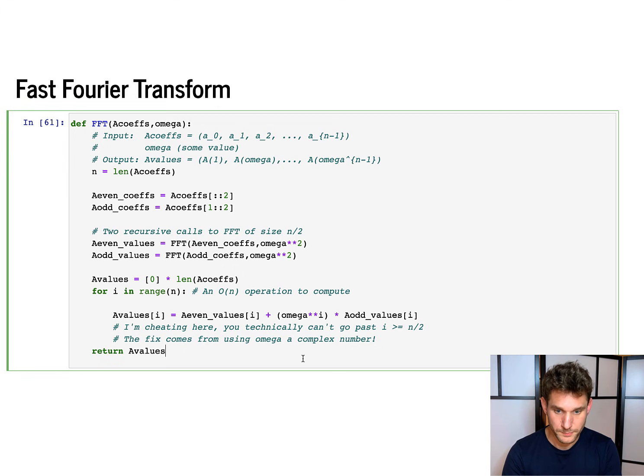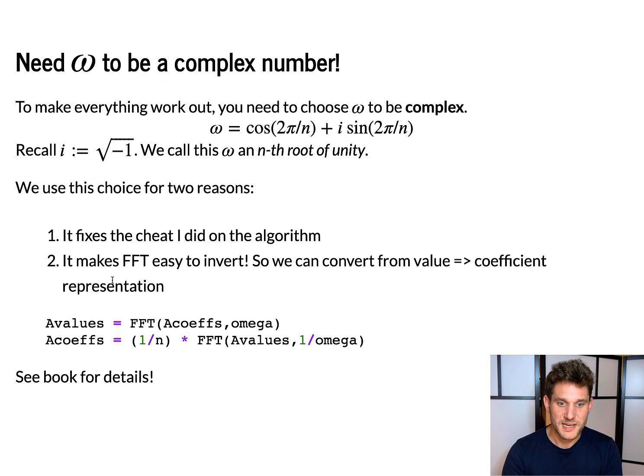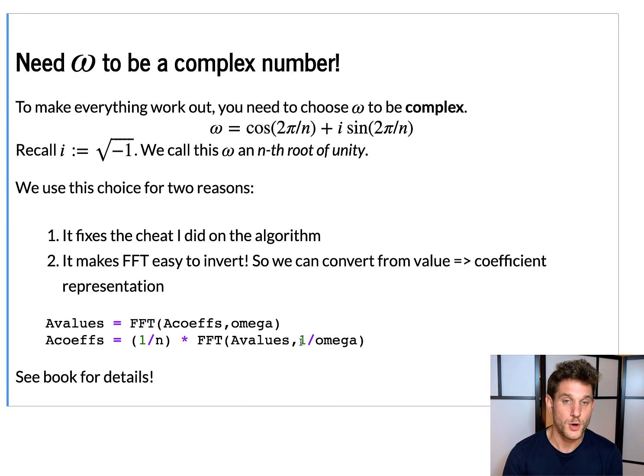So that's cool. And second of all, it actually makes the FFT easy to invert. You notice that we went from coefficients to values? Well, once you use this particular omega, you can go from values back to coefficients, and it's a very simple thing. You just simply call FFT on the values of the polynomial, but you now use 1 over omega, the inverse, and you also have to rescale by multiplying by 1 over n, just to fix some scaling issues.